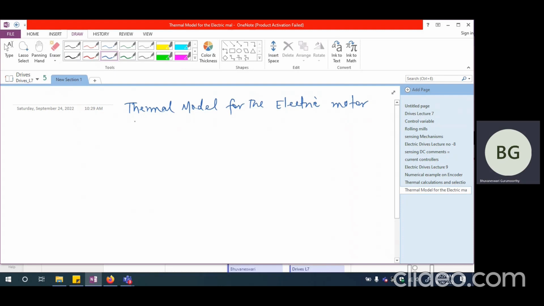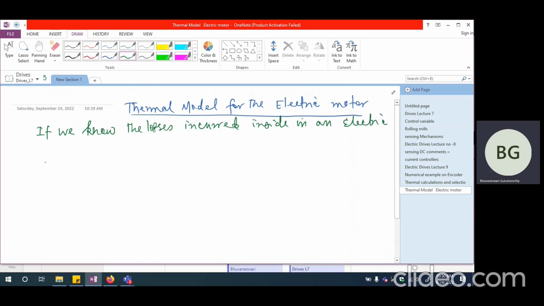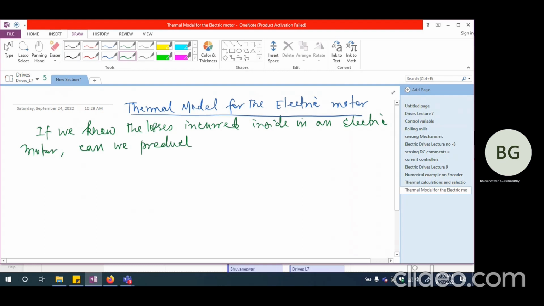So what we mean by thermal model for an electric motor is, if we know the losses incurred inside an electrical machine or electric motor, can we predict the temperature rise?